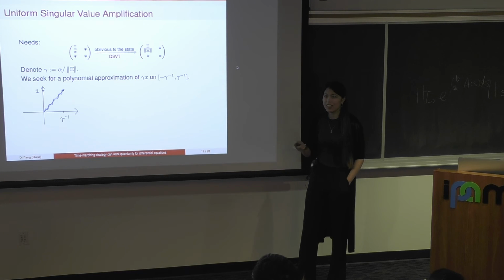You may wonder, I talk about this in the tutorial, and the very good question is: this is already a polynomial, so why do I do a polynomial approximation? It's because in QSVT, you need a function from -1 to +1, all bounded by 1. If you plug in +1 here, it's gamma, which is guaranteed to be larger than 1. So you cannot just use this polynomial.